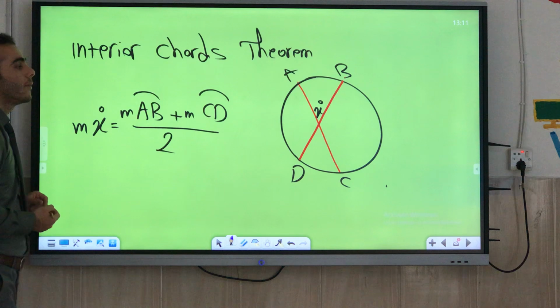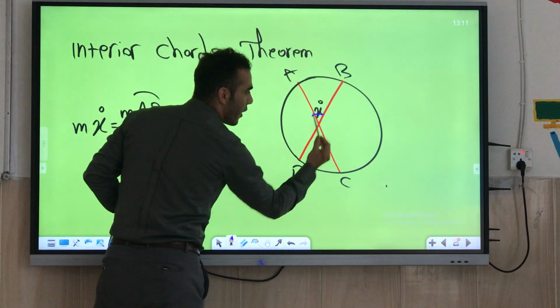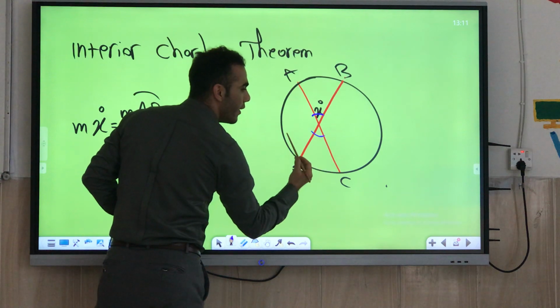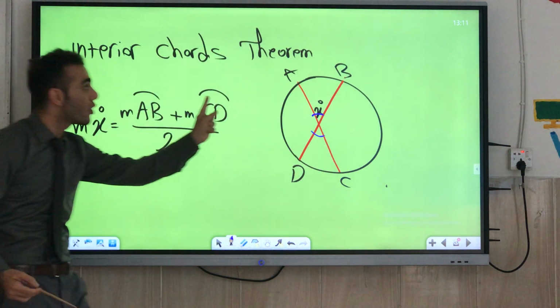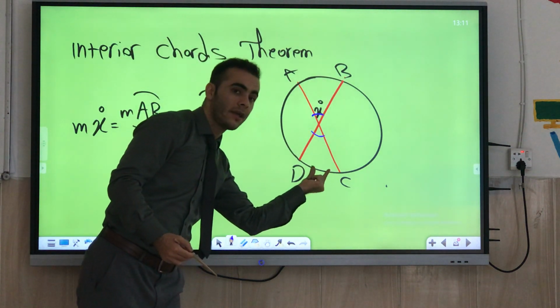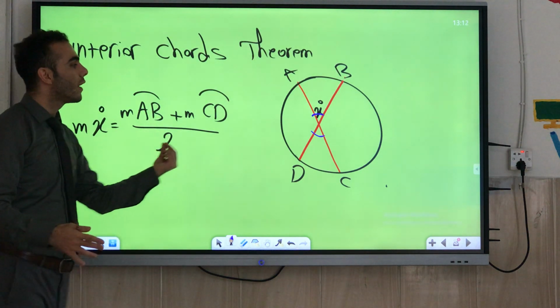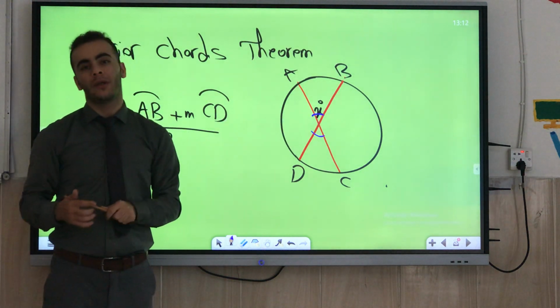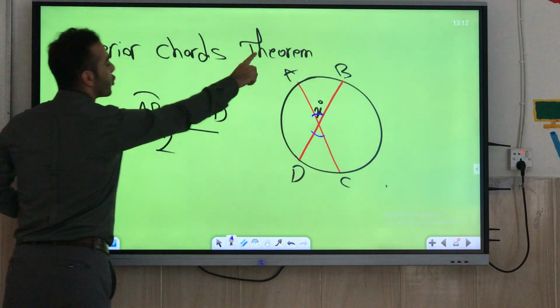Then we are going to have a formula. The measure of this interior angle, or that one, is going to be something like this. We take the measure of this arc and that arc, add them, and divide by 2, and you will get the measure of our interior angle. So again, the title is the interior chords theorem.